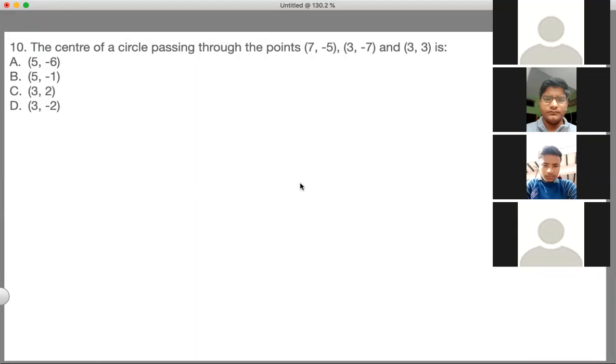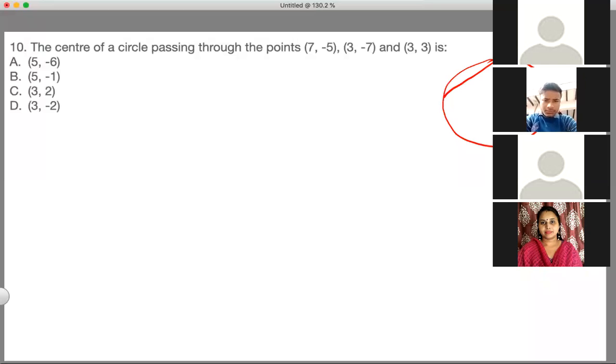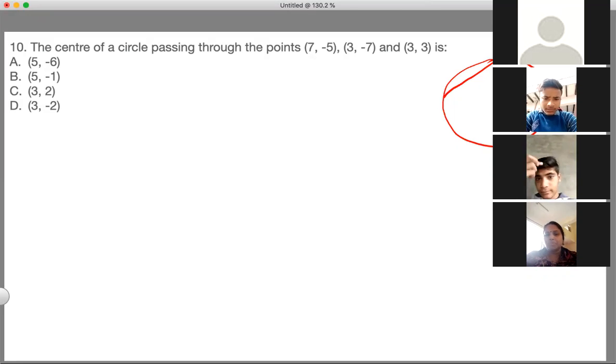Now we said there are 3 ways of doing this question. Okay, what are those ways? One is that we can find the 2 chords, okay?